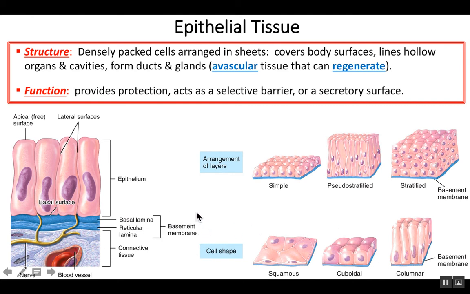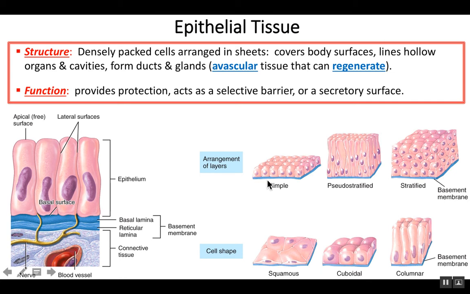Basement membrane I like to think of as glue. It's what glues an epithelial tissue to a connective tissue. And there's a couple different layers to this basement membrane, but it's a membrane of material between the epithelium and the connective tissue.